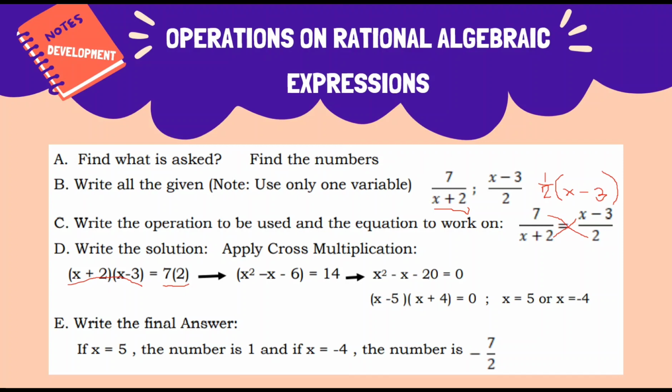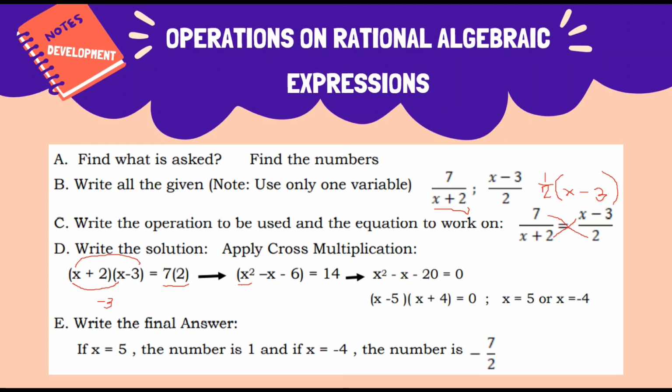So using the FOIL method, so we can multiply this. Pwede natin siyang i-multiply. So we have product of the first terms. We have x times x. We have x squared. This is the answer. And then product of the outer terms. We have x times negative 3. We have negative 3x. Okay.